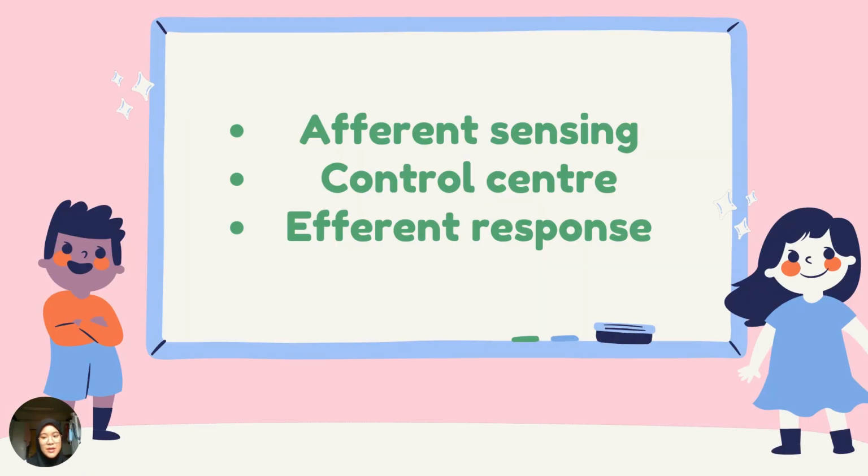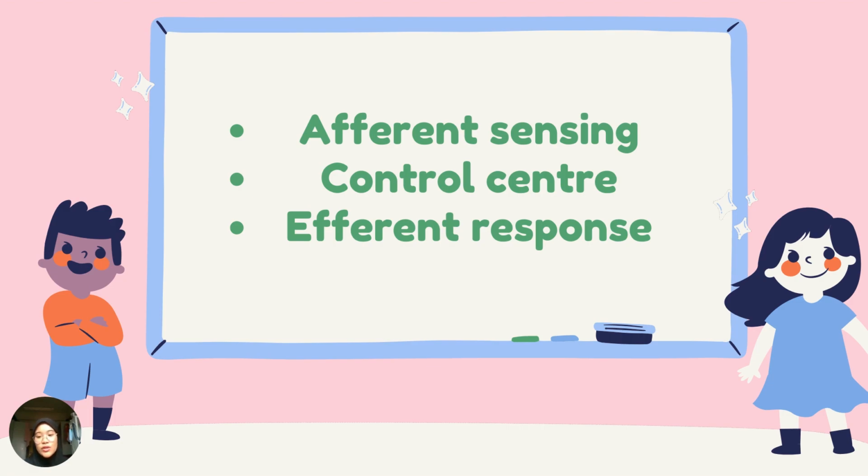Thermoregulation has three mechanisms: afferent sensing, control center, and efferent response. There are receptors in our body for both heat and cold that can sense heat and cold throughout our body.